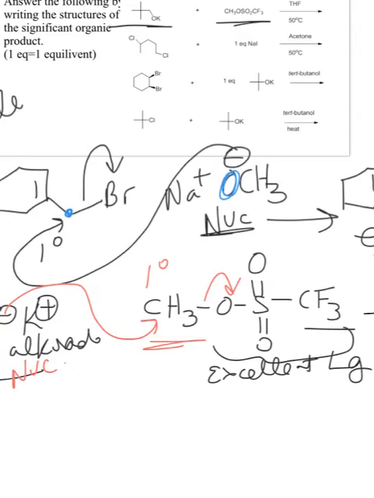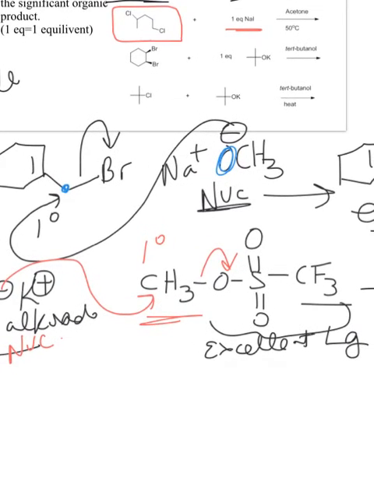Okay, so the next one is you have 2 sites. You see that? You have 2 alkyl halides, and you have 1 equivalent of sodium iodide and acetone. Now, 1 equivalent.